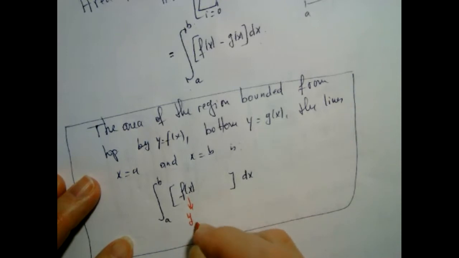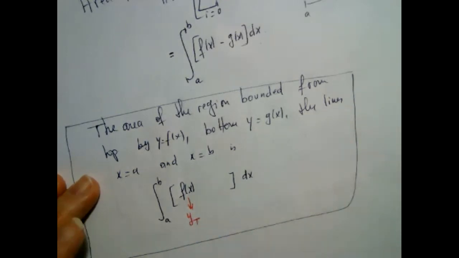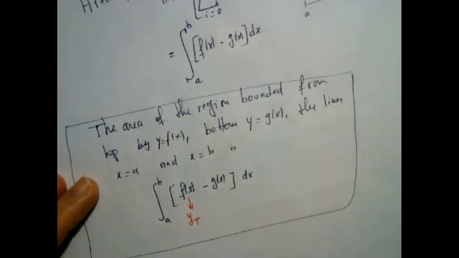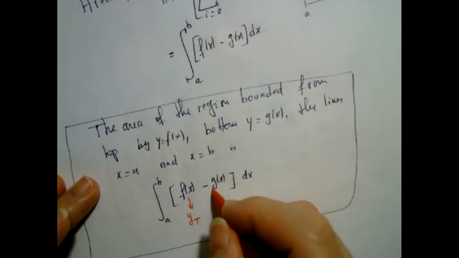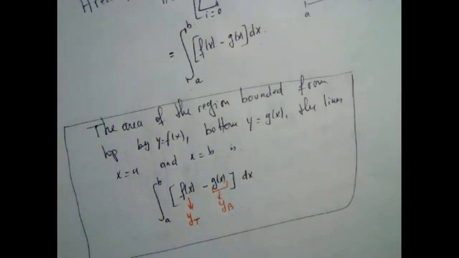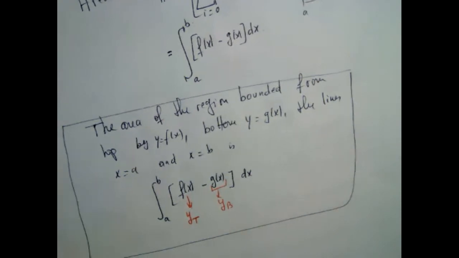So usually I write y top to remind you it's the top curve, minus g of x, which is the bottom curve, dx. Okay. So that's really the idea.